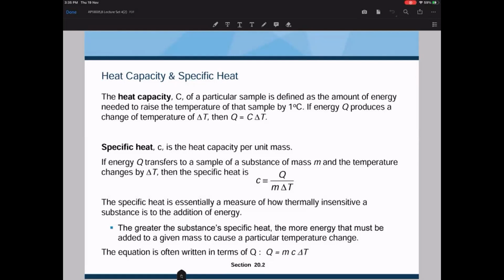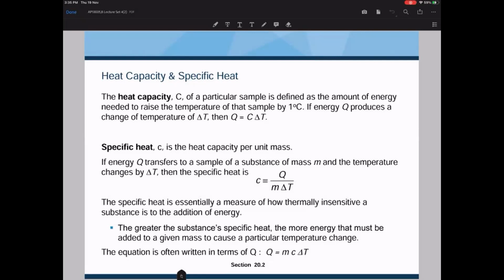You have a system that when you input a certain amount of heat energy, it will increase the temperature by 1 degree C, and that would be the heat capacity. In order to make it even more general, you could divide the heat capacity by the mass. So this, what we call specific heat, becomes a material dependent property.